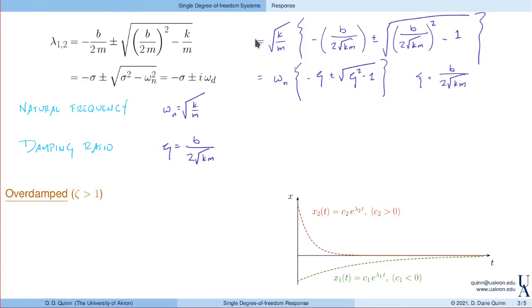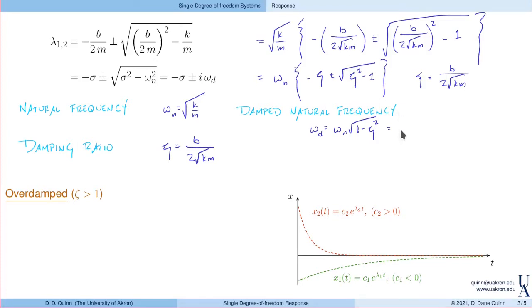And then I have the damped natural frequency, which we saw before. And there, omega d is going to be omega n square root 1 minus zeta squared.